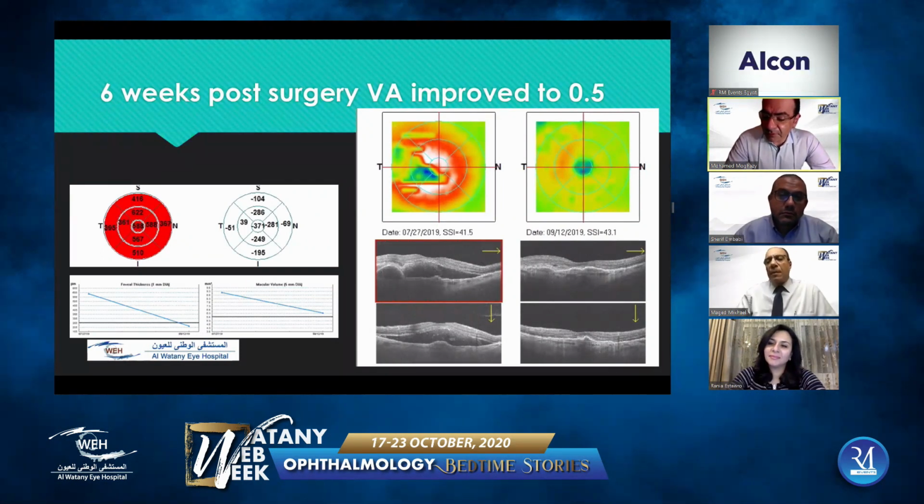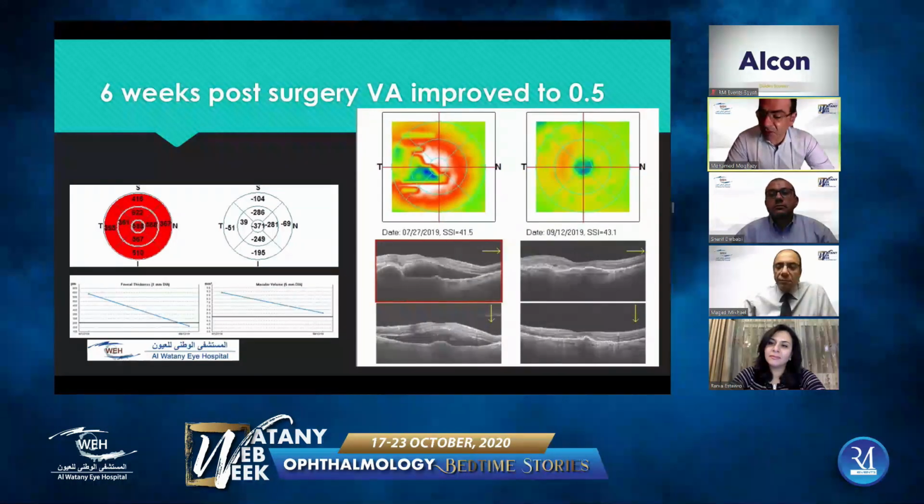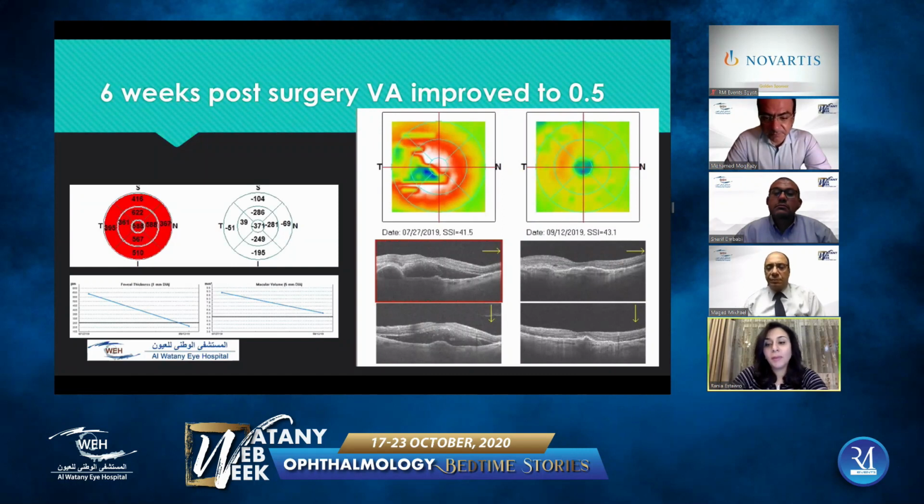So the take-home message from this case is that the activity is not related to the vitrectomy or the vitreous surgery. So you have to keep an eye on those patients, whether by treat and extend or PRN, and bring them every 4 weeks for observation. So I would do that. Thank you. And I think you are paving the road for the next case.